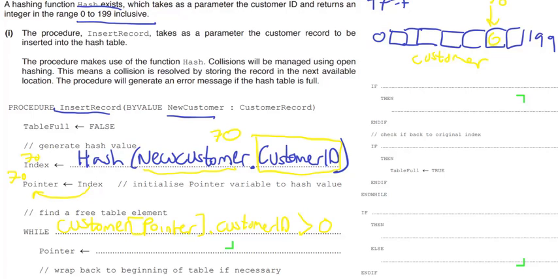If it's greater than 0, that means we've got something inside it already. That means we can't place our new customer ID in there. If it's 0, then we will be able to. So whilst it's bigger than 0, we then want to do pointer equals pointer plus 1. So if there's something in it, let's imagine we've already got the number 70 in it. We're then going to go to the next available space.